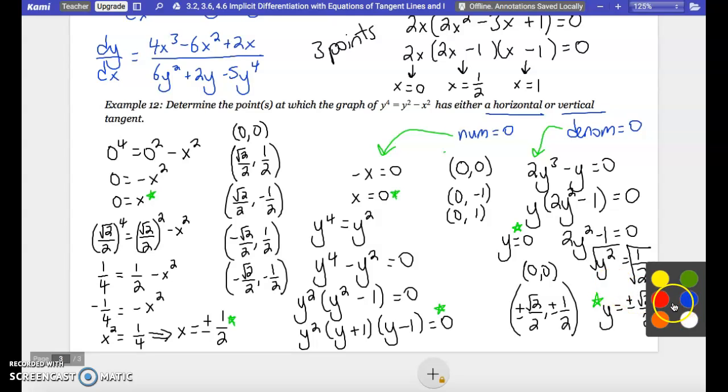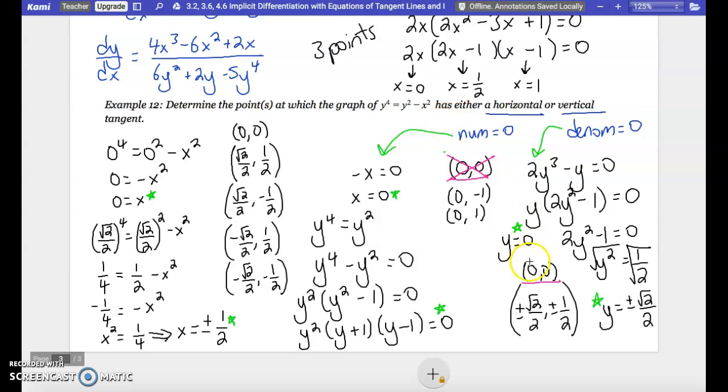Now remember, one of the things you have to be careful of is that this exists here and here, and only one of those things can be true. The vertical tangent lines tend to dominate the horizontal ones, so it's actually a false statement for our horizontal tangent lines. The numerator can equal 0, but if the denominator equals 0, it's definitely undefined.